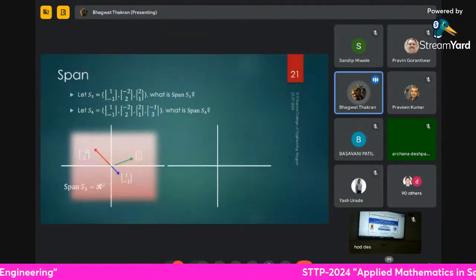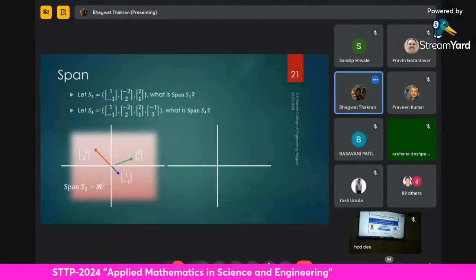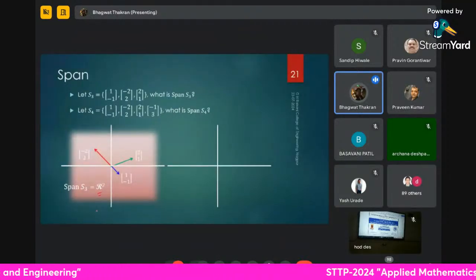The moment I get a vector which is different from these two straight lines, I can say that the linear combination of these three vectors can generate my R2 space.